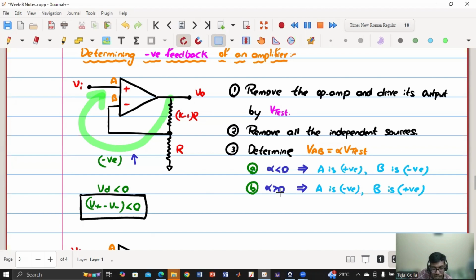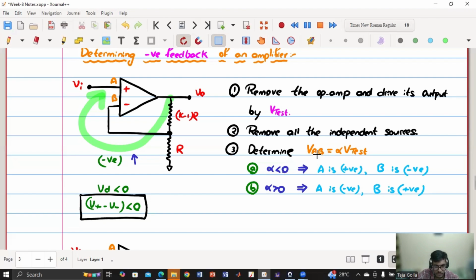If I am getting alpha positive, what does that mean? VAB is coming positive, so I am getting V minus minus V plus, because my aim is to get V positive minus V negative less than 0.